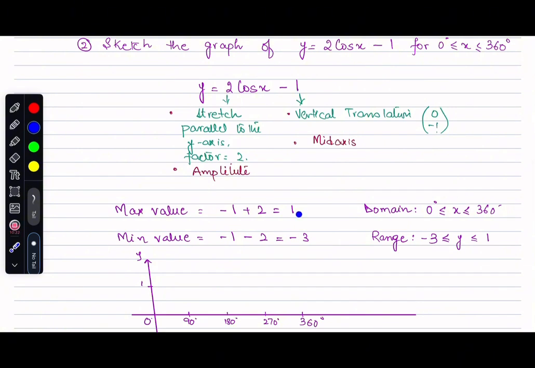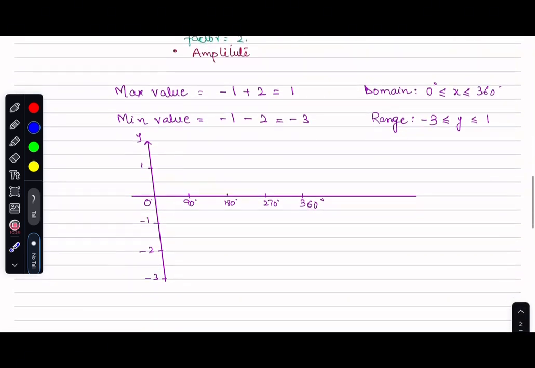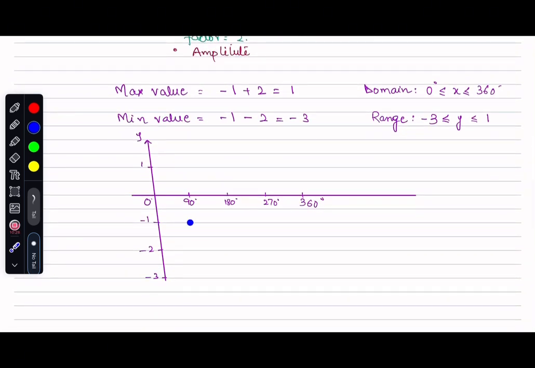And then with respect to that we got the maximum and the minimum values on the y-axis. So we have the maximum point as 1 and minimum as negative 3. Let's draw a dotted line for the mid axis here.